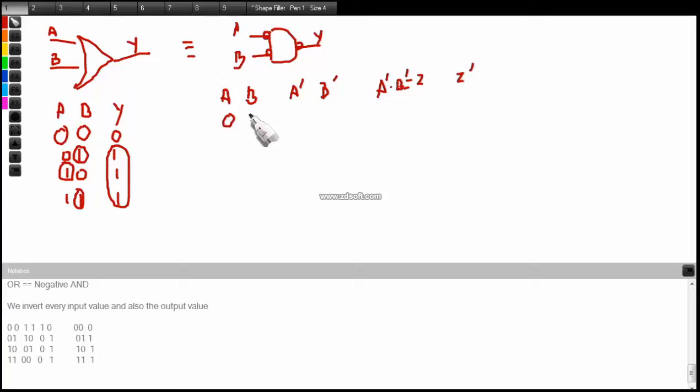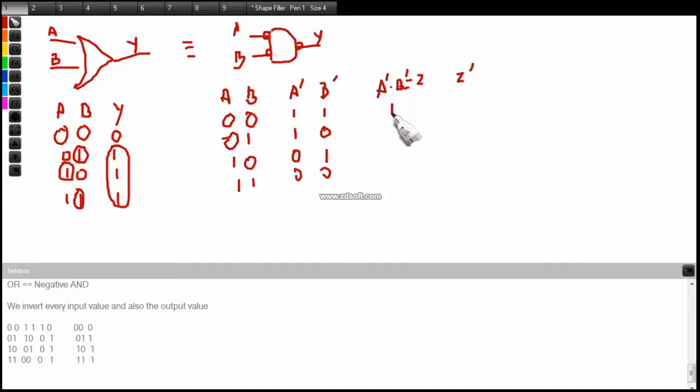Now let us see what happens. We are taking the same combinations 0 0, 0 1, 1 0 and 1 1. What is the inversion of A here? It will be 1 1 0 0, and for B, 0 will be 1, 1 will be 0, here 1 and here 0. What is A naught dot B naught?